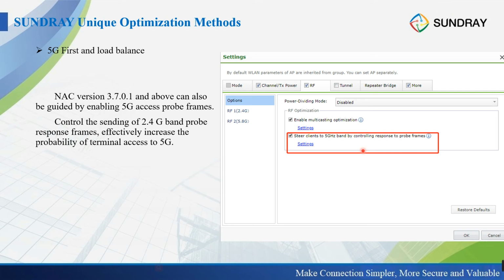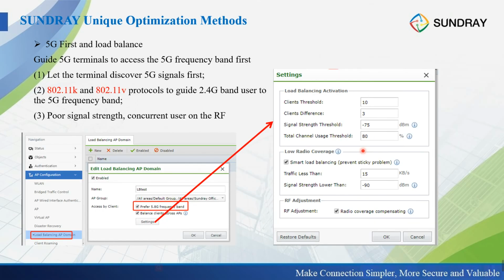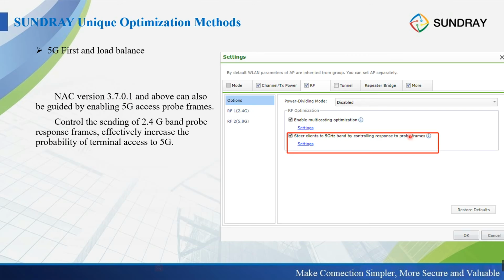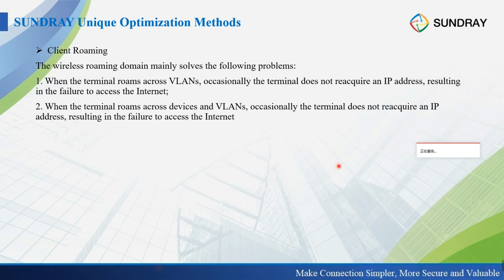These methods you can use at the same time because they use different methods. The first one is 802.11k and 802.11v, but this one controls the response to probe frames.